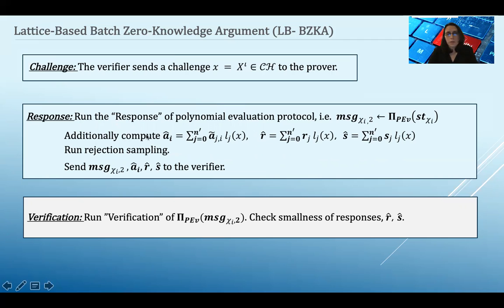Then additionally, the prover needs to compute some additional values and sends all those values, the message, AI hat, R hat, and S hat, to the verifier. Then the verifier runs the verification part of the polynomial evaluation protocol on all those values, and also checks the smallness of the responses.